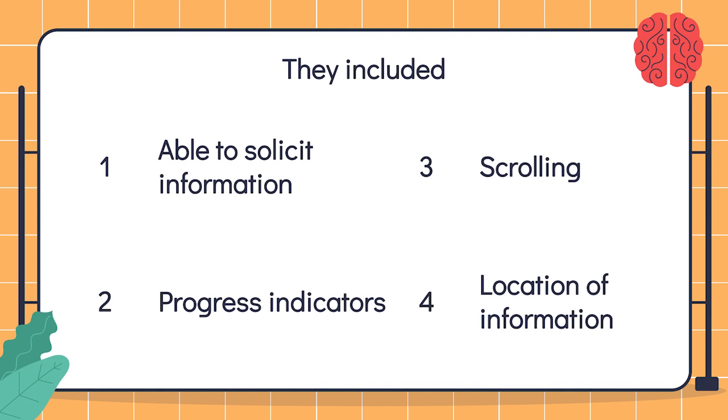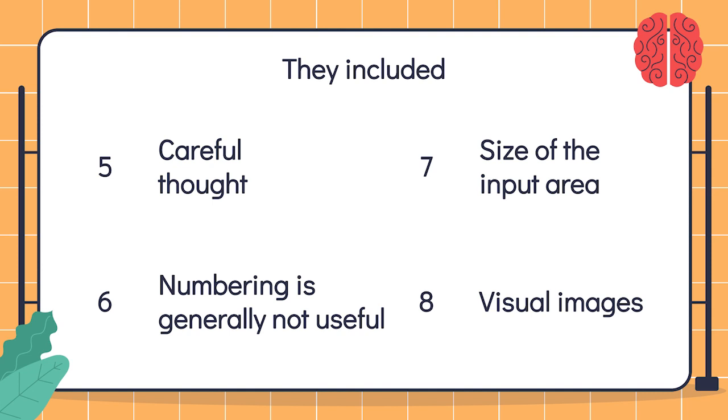4. Factors such as the location of information on the screen, background color, navigation techniques, font type, size, and color can affect responses. 5. Careful thought should be given to error messages, instructions, definitions, and question format. 6. Question numbering is generally not useful for online questionnaires. 7. The size of the input area is a visual clue to the length of the expected answer. 8.